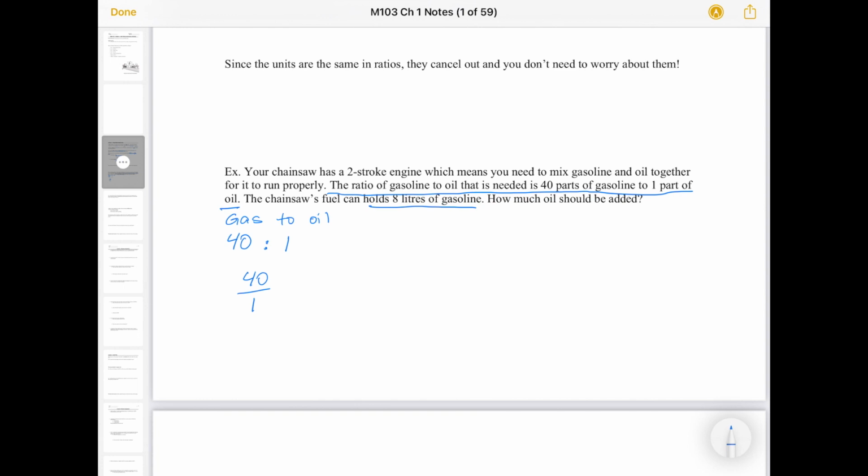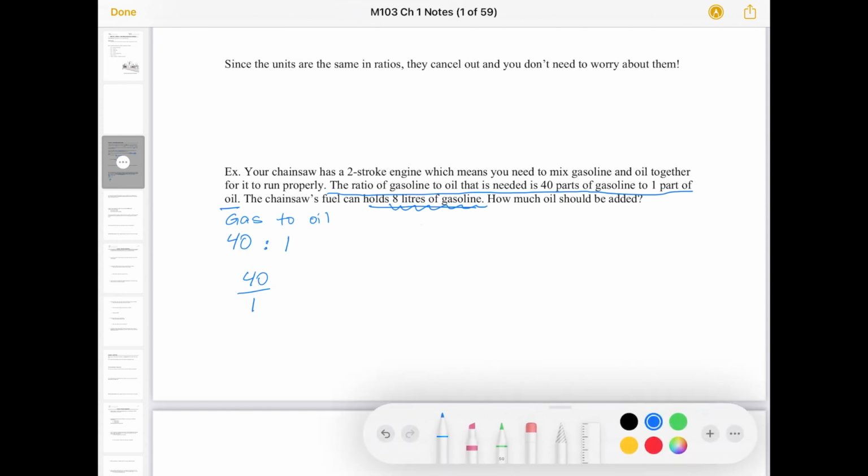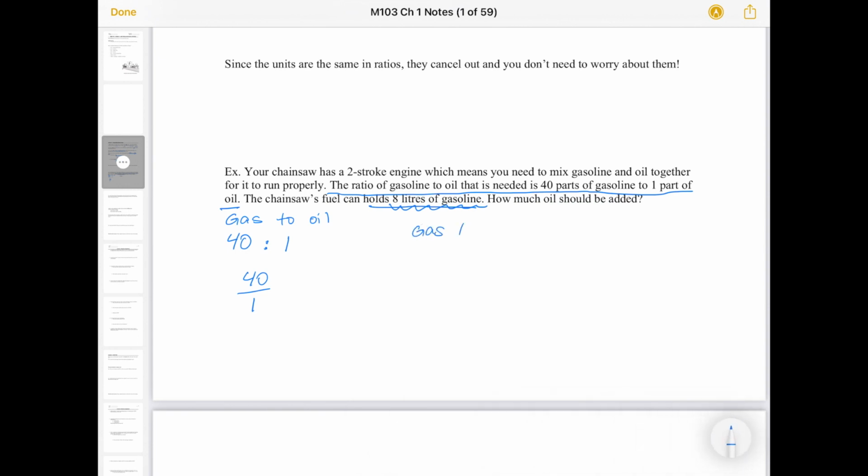But the fuel can only hold 8 liters of gasoline. All right, so again, my gas to oil needs to be 8 to something, right? That's my how much oil. That's my unknown. That's what I need to find.